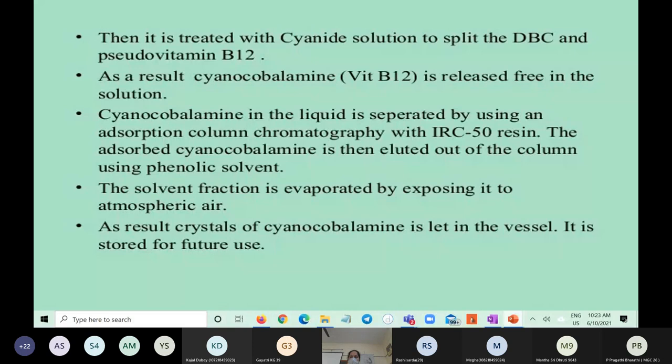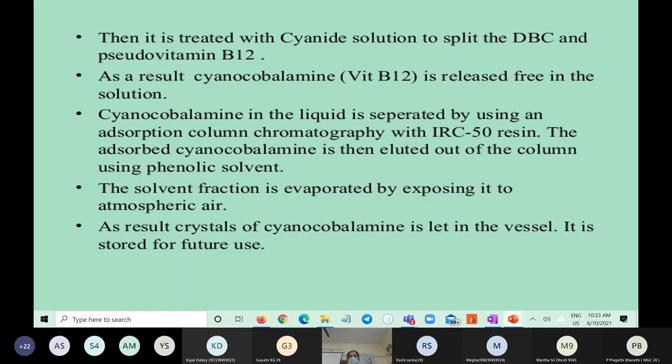Now, when we are having the solution with vitamin B12, we need to adsorb it. So here adsorption column chromatography will be there, and after adsorption chromatography and elution with the phenolic solvent, we will get the solvent fraction containing only cyanocobalamin.